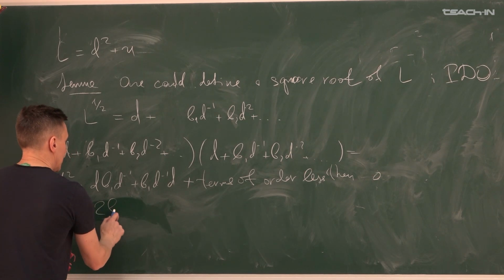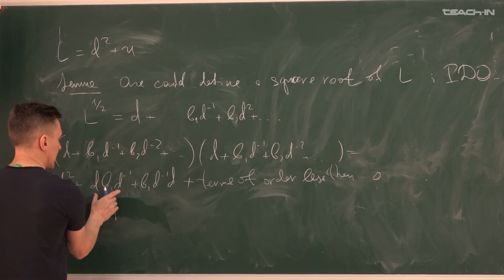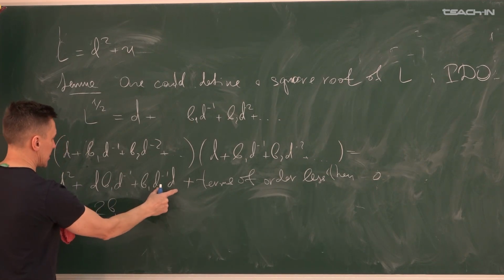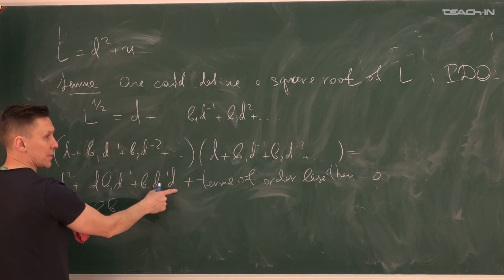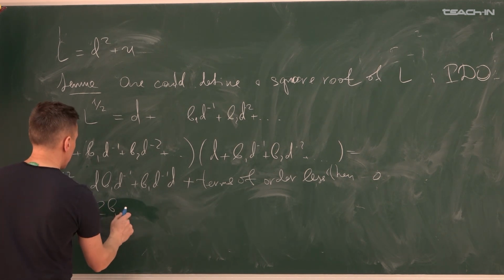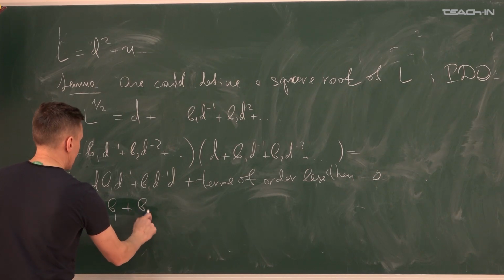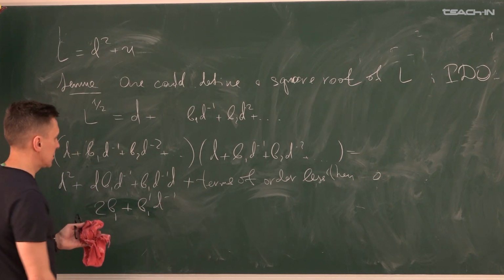It is 2b1, and these coefficients cancel each other, and plus b1 prime d minus 1.